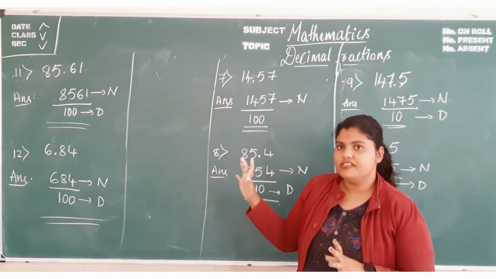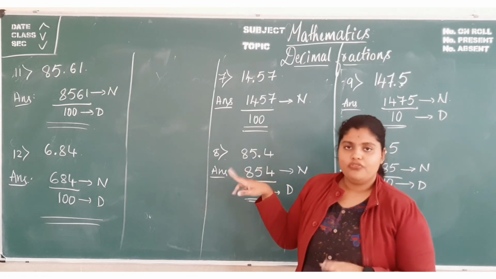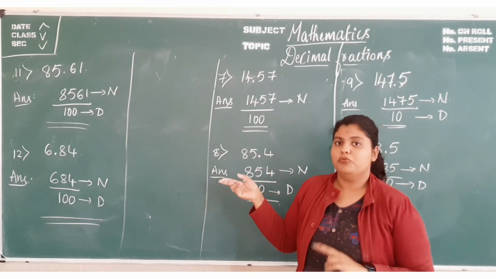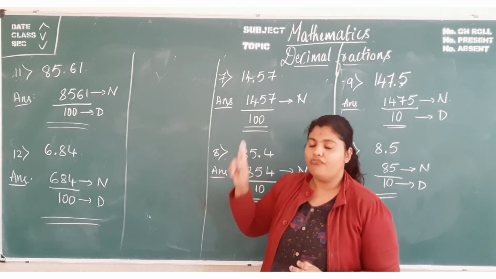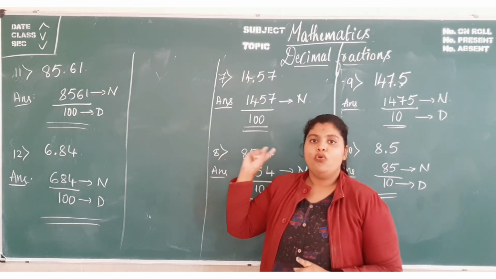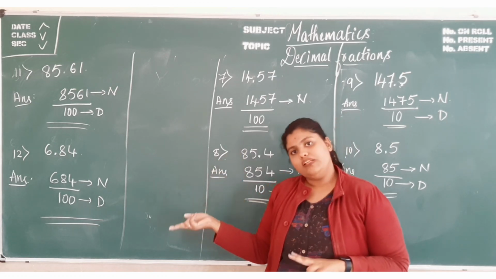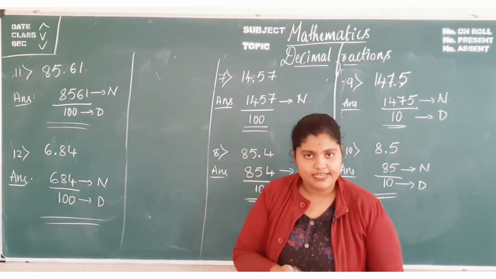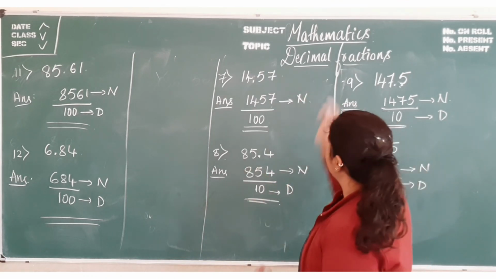You will write that as the numerator and you will count the number of digits after the decimal point. If I have 2 digits after the decimal point, I will write 1 followed by 2 zeros. If I have only 1 digit after the decimal point, I will write 1 followed by 1 zero in the denominator. Is it clear, children? Yes. So this completes your chapter, that is decimal fractions.